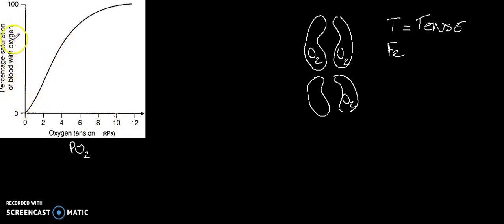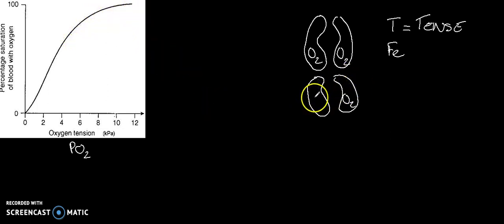We're not talking about one single molecule. We're talking about the overall saturation of your blood. So as you progressively bind more oxygen onto more hemoglobin molecules, you get an easier effect of binding oxygen to hemoglobin.